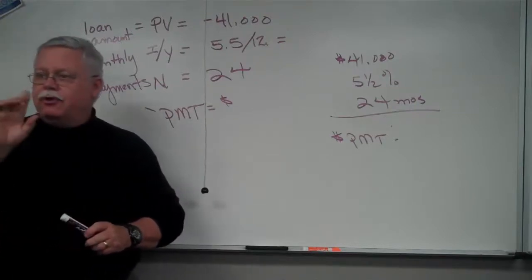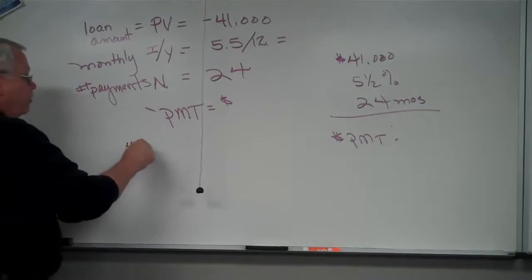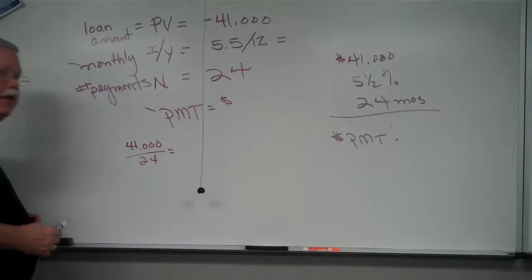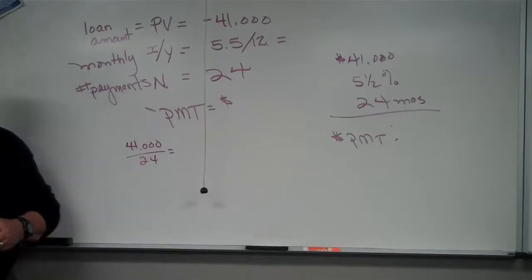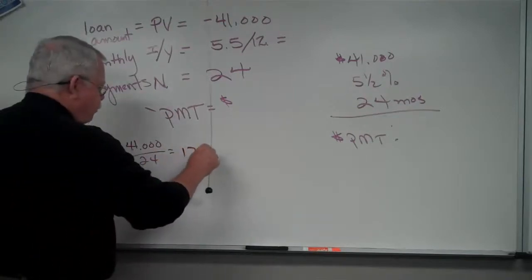Think about something. Listen to me for a second. If I'm going to pay $41,000 for something, and I'm going to do it over 24 months, how much is that on the average? That's without any interest. What's 41,000 divided by 24? $1,708 and something, okay?